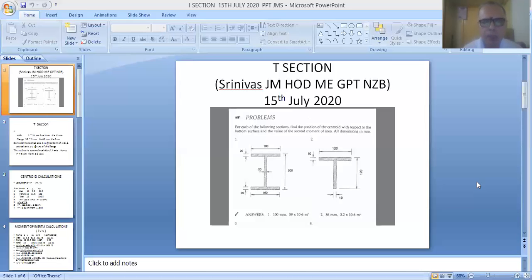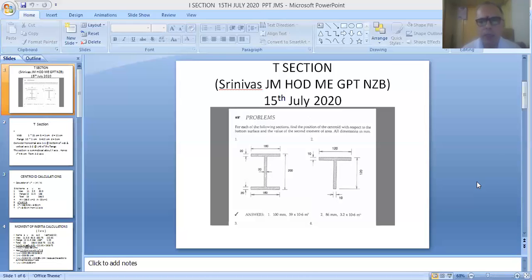We can see the figures of I section and also T section. Now we are going to take up a numerical example on T section, which is shown in the right hand side of this particular slide.